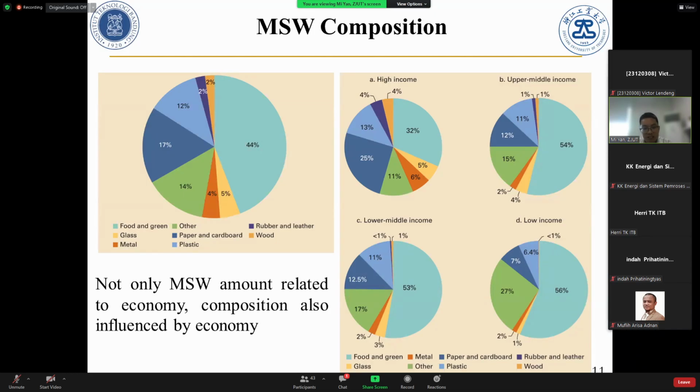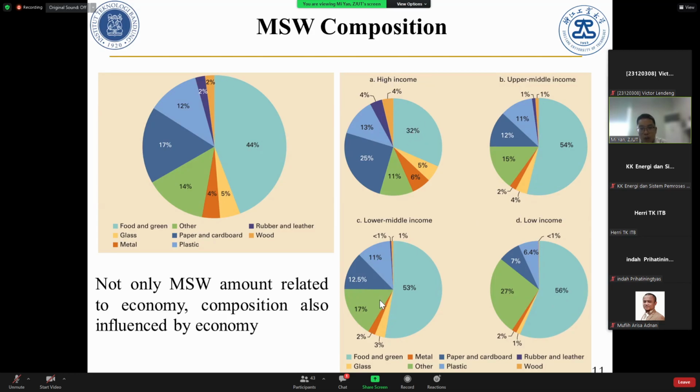If the economy is good, the paper and plastic, especially paper packaging, is higher. So you can see here the plastic and the papers. For food waste, for low income it is higher, 56%, and for high income, only 32%.